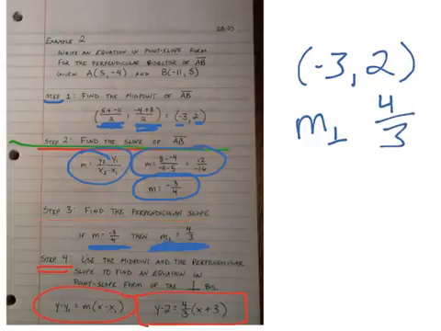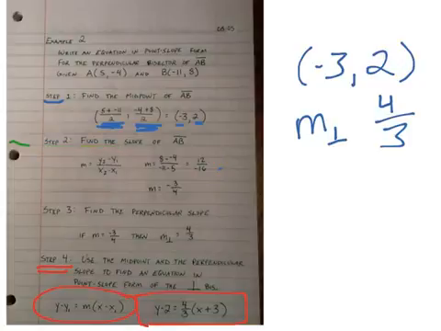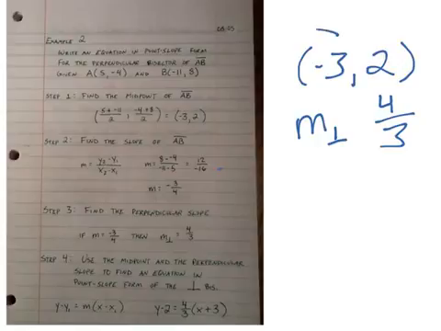And in step 4, we take those two pieces of information and plug it into the point slope equation. So the negative 3 goes in for x1.